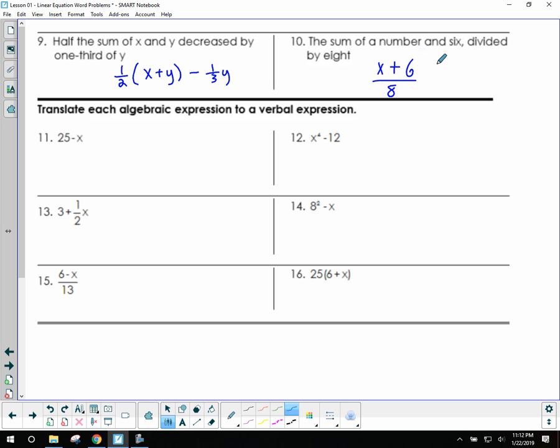I got 25 minus x. Shoot, did you just hear what I said? 25 minus x. Easy peasy.